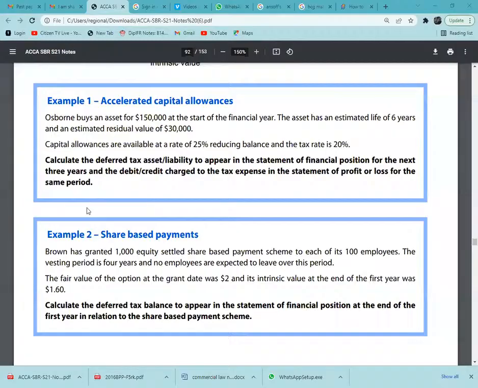So we have 1,000 shares times 100 employees. So Brown has granted 1,000 equity share-based payment to each of its 100 employees, right? And in this case here, we can see the value is supposed to be 1.6.